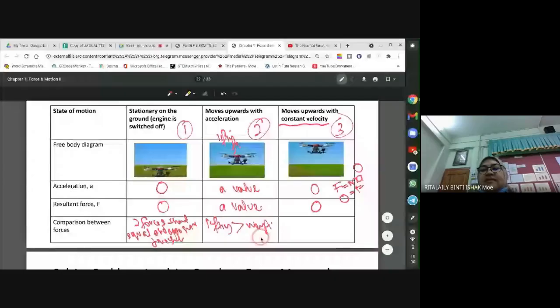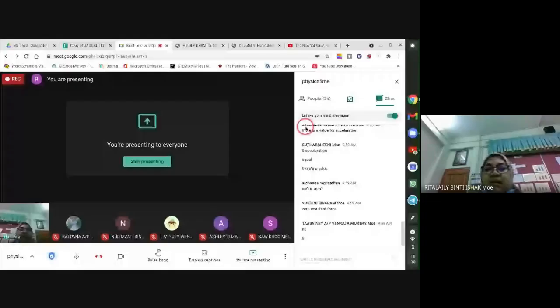If there are two forces on the drone, like this one, lifting and weight, what is the relationship between lifting force and weight? Tejasin, last one, comparison between forces.